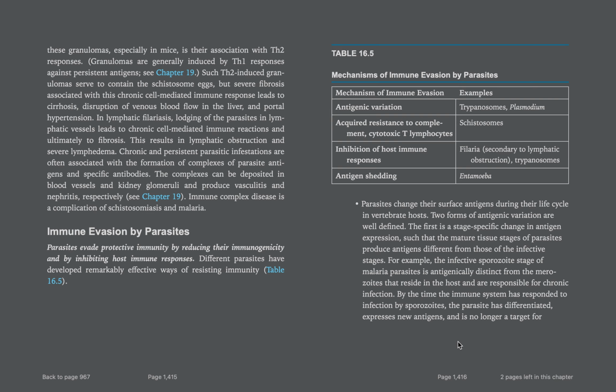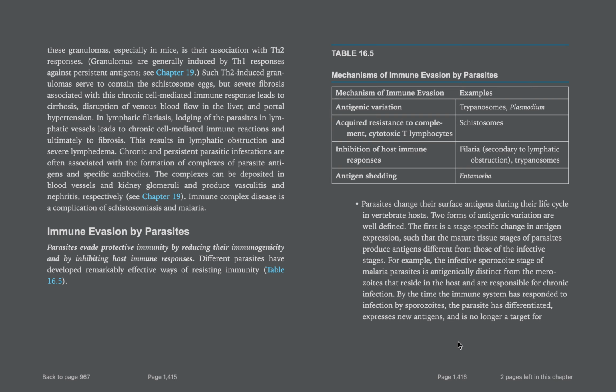In lymphatic filariasis, lodging of the parasite in lymphatic vessels leads to a chronic cell-mediated immune reaction and ultimately to fibrosis. This results in lymphatic obstruction and severe lymphoedema.